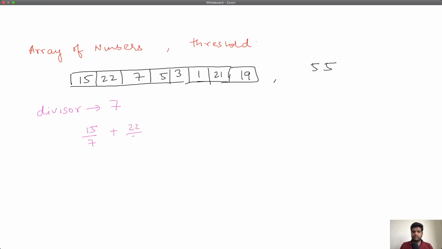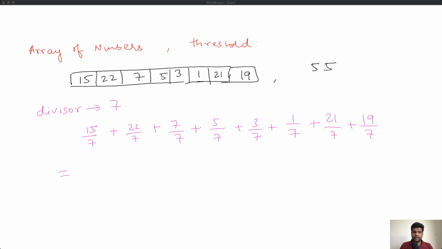So this is what you will do: 15 by 7 plus 22 by 7 plus 7 by 7 plus 5 by 7 plus 3 by 7 plus 1 by 7 plus 21 by 7 plus 19 by 7. Take the sum of this. So 15 by 7 integer division is 2, but let's say you are expected to round up the solution. So take the ceiling of it.